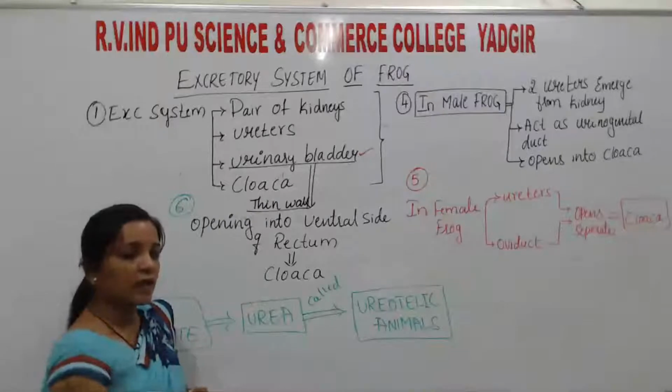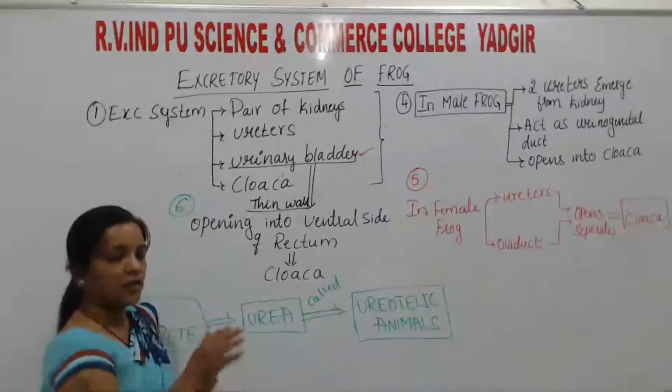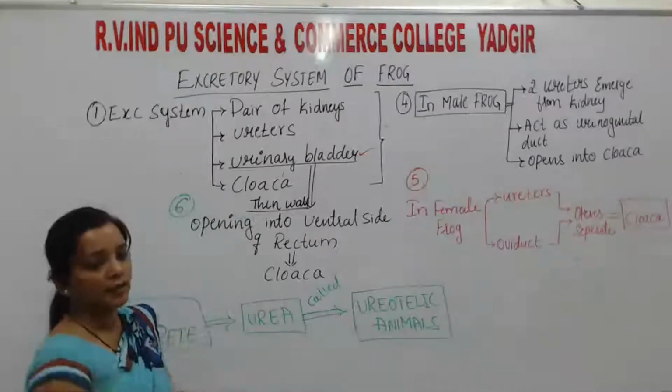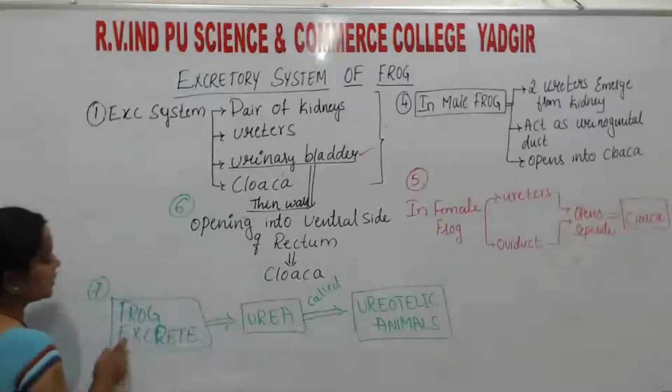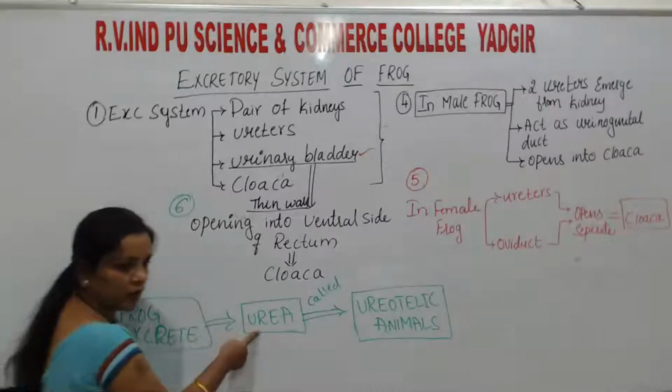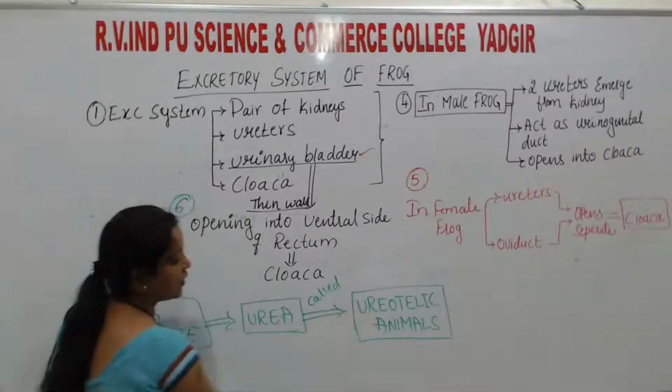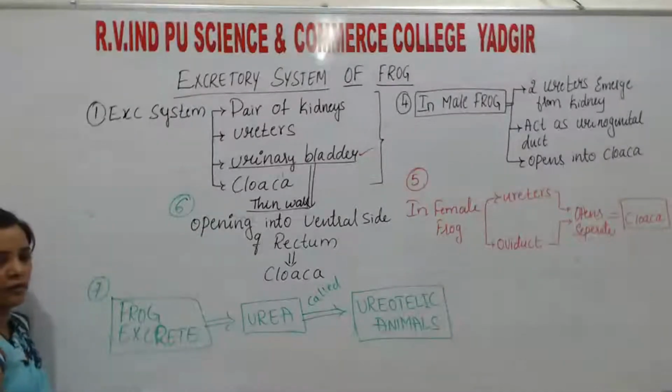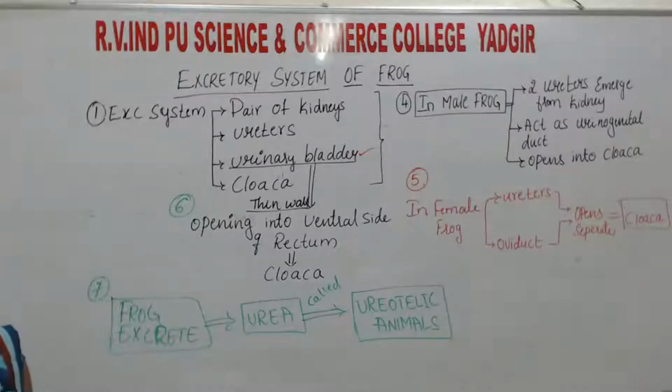Some excrete uric acid. Especially we are talking about the frog: the frog excretes urea, so these are called ureotelic organisms or animals.